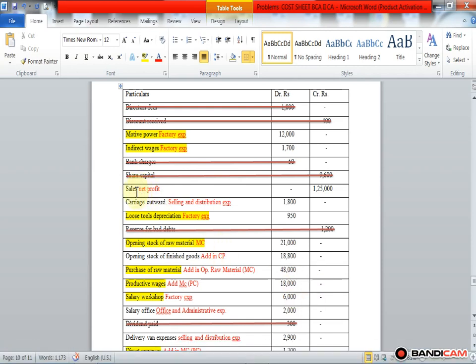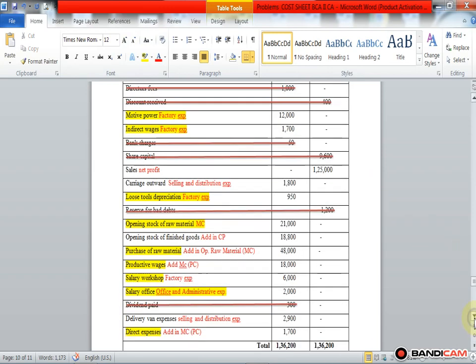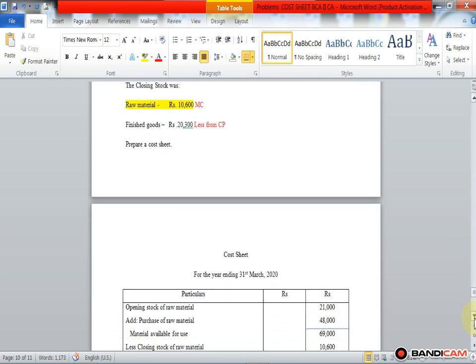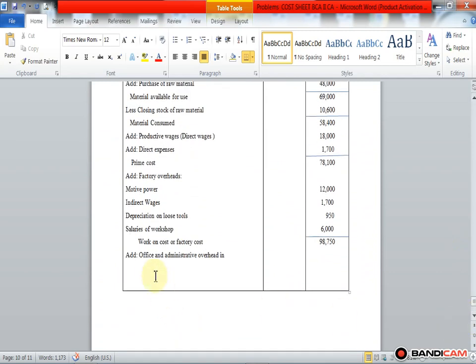Here sales is used for calculating net profit, carriage outward is selling and distribution. Cost of production, office salaries. Office salary is related to office, rupees 2,000.